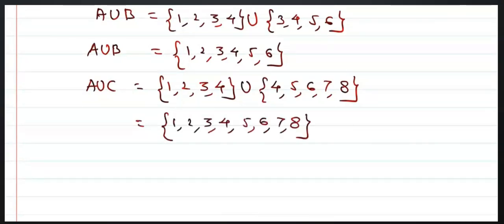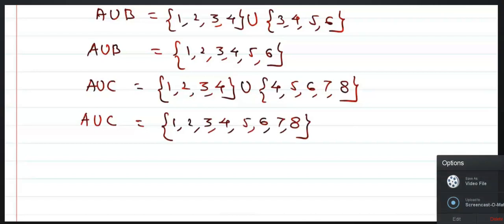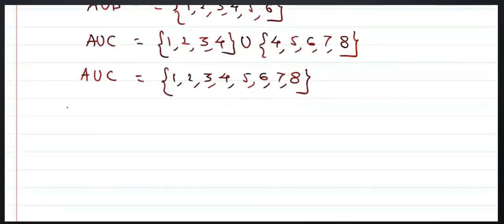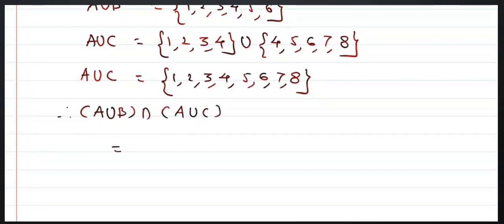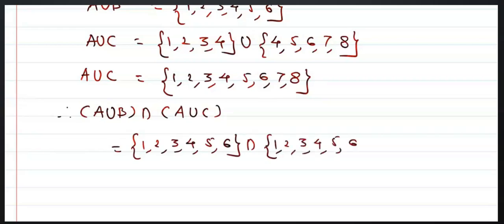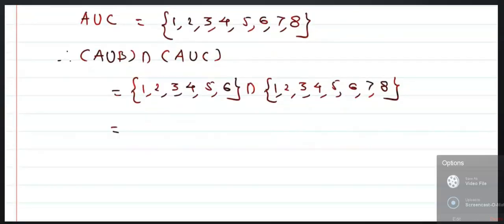Therefore {1, 2, 3, 4, 5, 6, 7, 8}. This is A union C. Therefore (A union B) intersection (A union C) is equal to {1, 2, 3, 4, 5, 6} intersection {1, 2, 3, 4, 5, 6, 7, 8}. Now the common elements are 1, 2, 3, 4, 5, 6.